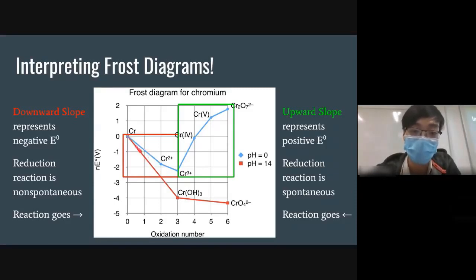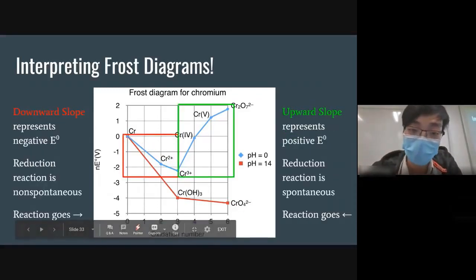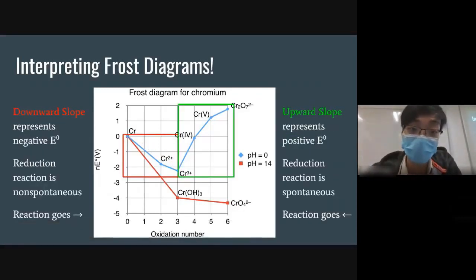That means the reduction will be non-spontaneous, because you know that a negative E0 compared to SHE means it prefers to be oxidized instead, not reduced. So for chromium and chromium 2, since it's a negative gradient, the standard reduction potential value for chromium 2 to chromium is negative, so it's non-spontaneous. Therefore, the system will prefer to go towards chromium 2 instead.